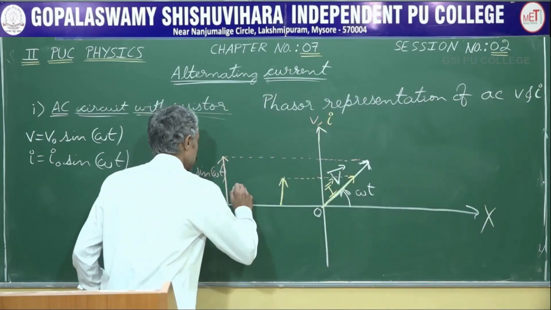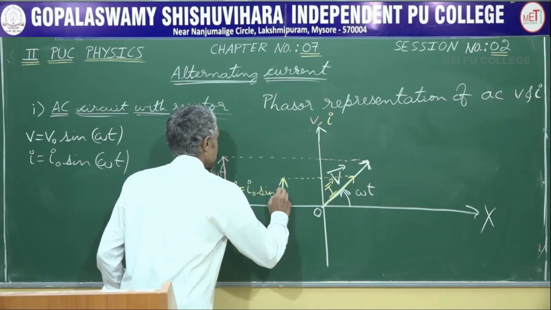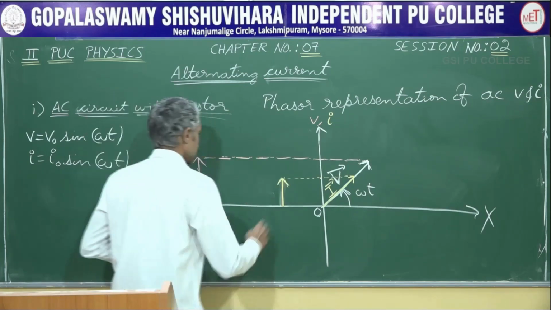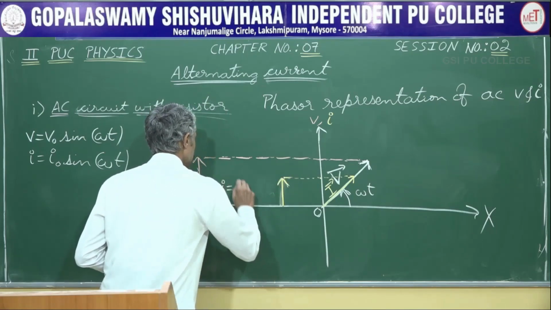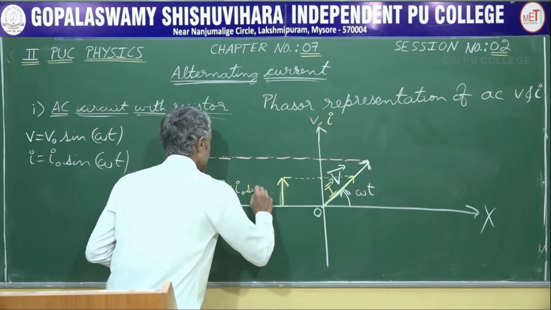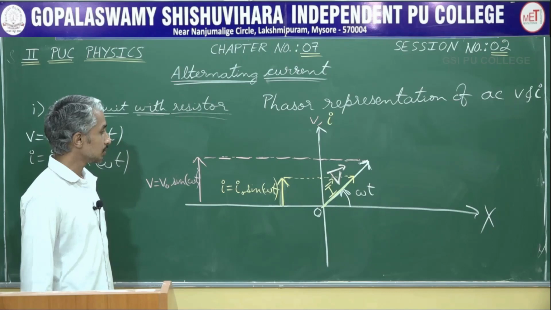So now the projection along y axis is going to give me I, which is equal to I naught sin omega t.